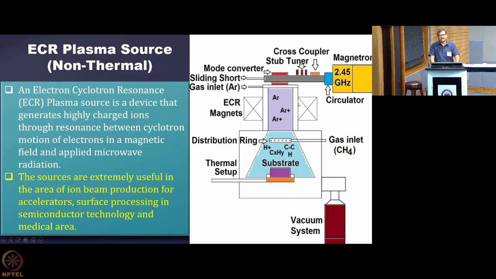Then it has a guide to couple it with the plasma chamber. So, this is the chamber, and there are two magnets, usually electromagnets, and they produce an axial magnetic field in this zone.